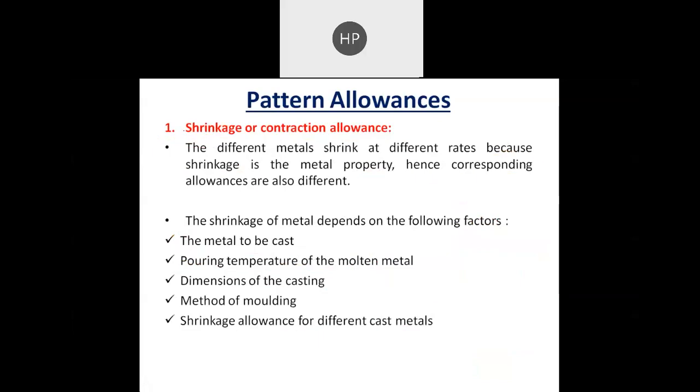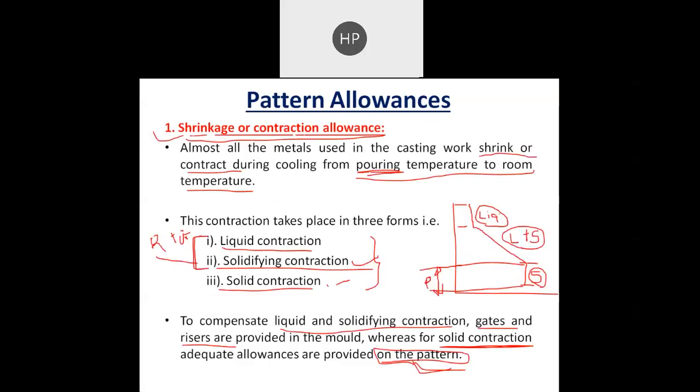Different metals shrink at a different rate because shrinkage is a metal property, and hence the corresponding allowances are also different. As we know, different metals have different shrinkage capacity. If we take aluminum, its liquid, solidifying and solid contraction will be different.